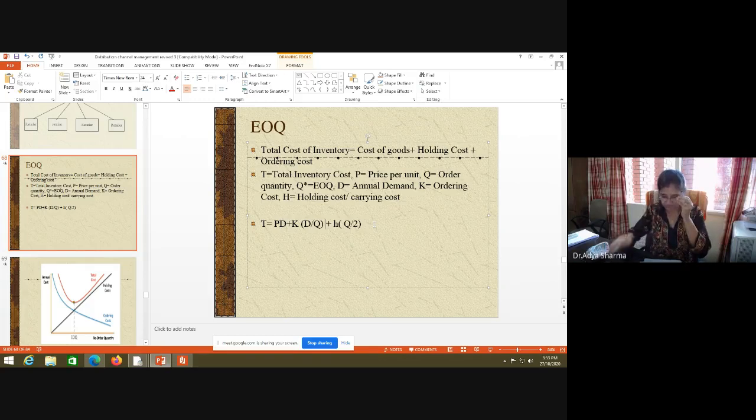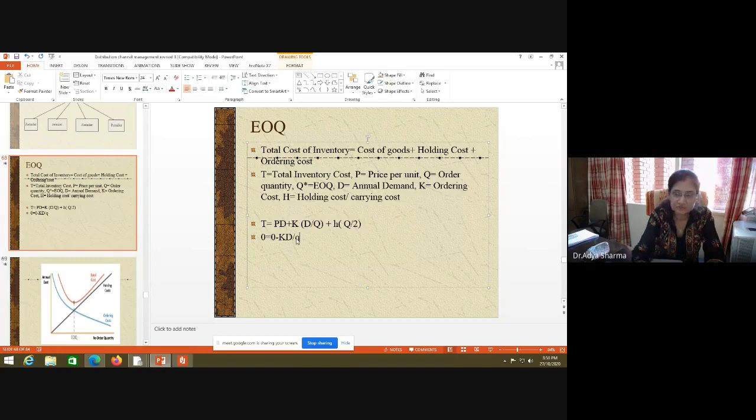The moment I differentiate it, if you remember the differentiation rules, this becomes 0 equal to: PD will become 0 because there is no Q over there, and then minus KD divided by Q squared. You remember the differentiation rules? I hope you do.